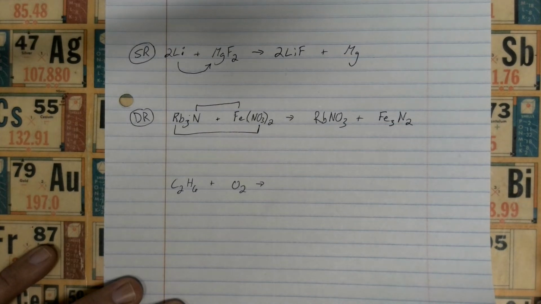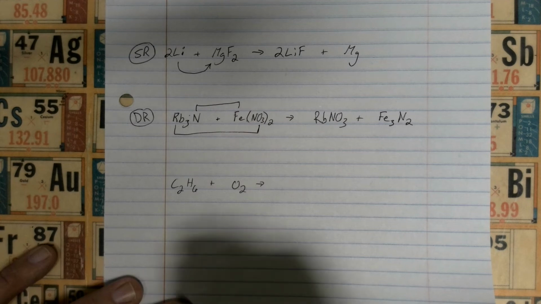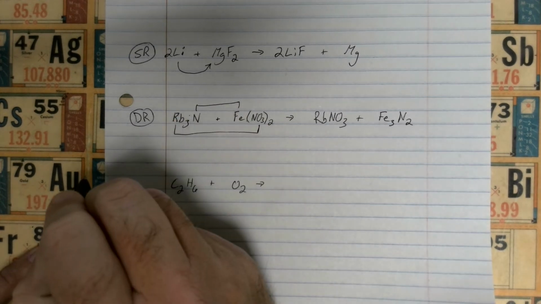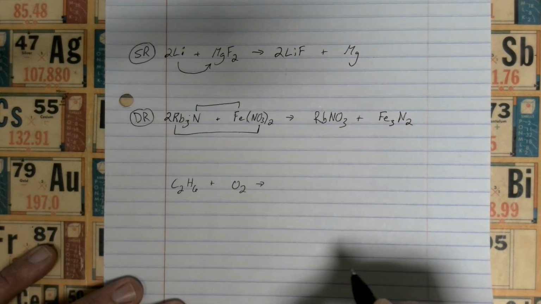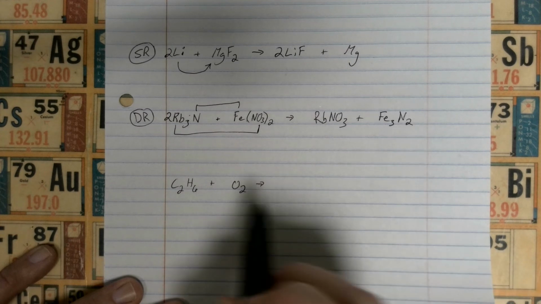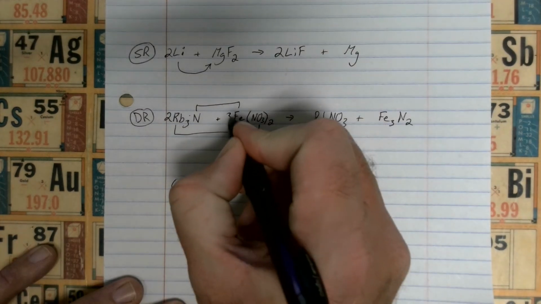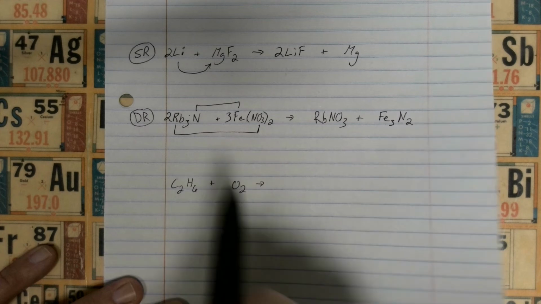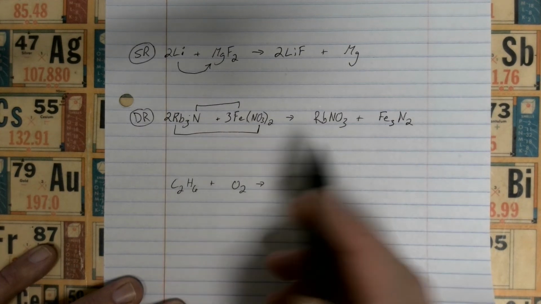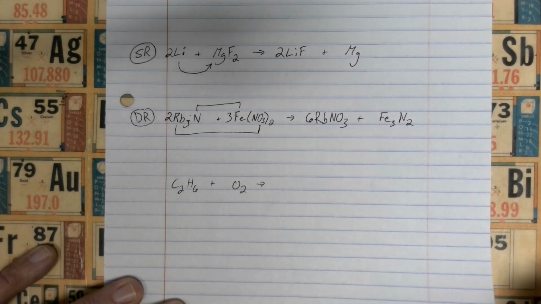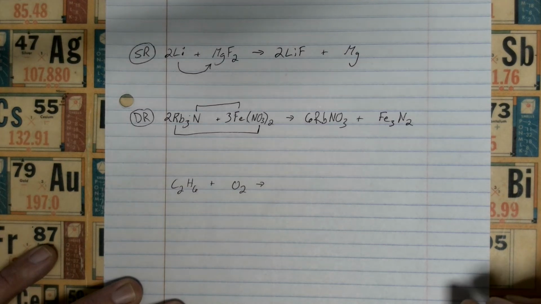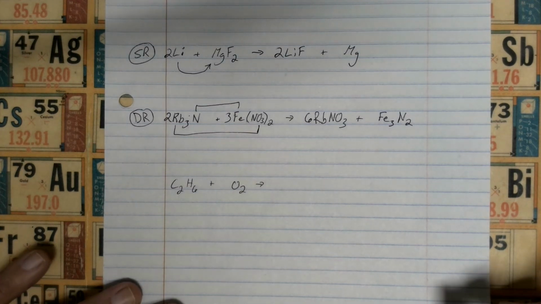So I will put a, what do I need, a 2 here to give me 2 nitrogens, and then a 3 here to give me 3 irons. That gives me 6 rubidiums and 6 nitrogens, so I need a 6 there for my RbNO3. Okay.